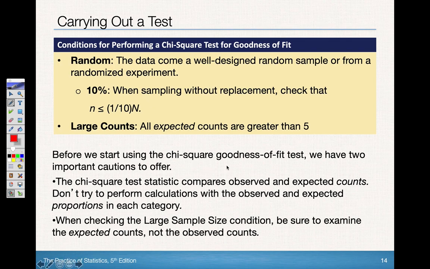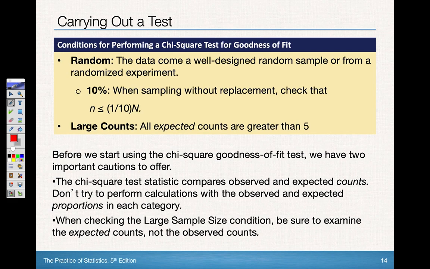Before we start using a chi-square goodness of fit test, we have 2 important cautions. The chi-squared test statistic compares observed and expected counts. Don't try to perform the calculation using proportions of a category, meaning if the company claimed 24% blue, you're not using 24% for this chi-square test.